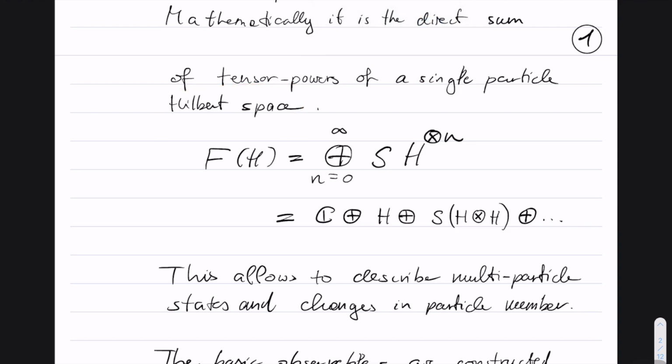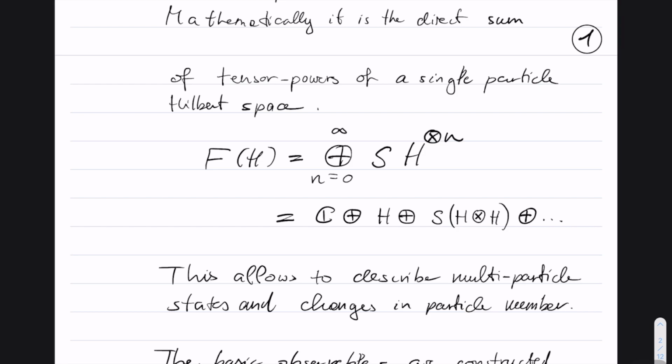So you can think of it as this formal sum that is written as the zeroth power, that is just a complex number, plus the Hilbert space of a single particle, plus the tensor product of a state of two particles with a symmetry factor, which we talk about later, plus H times H times H, the tensor product of a three particle state, and so on up to infinity.